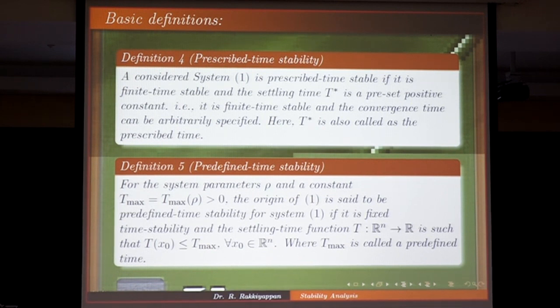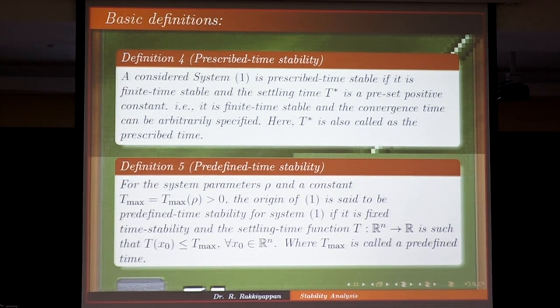Next one, prescribed time stability. System 1 is prescribed time stable if it is finite time stable and the settling time T star is a preset positive constant, so we have to fix the constant T star.